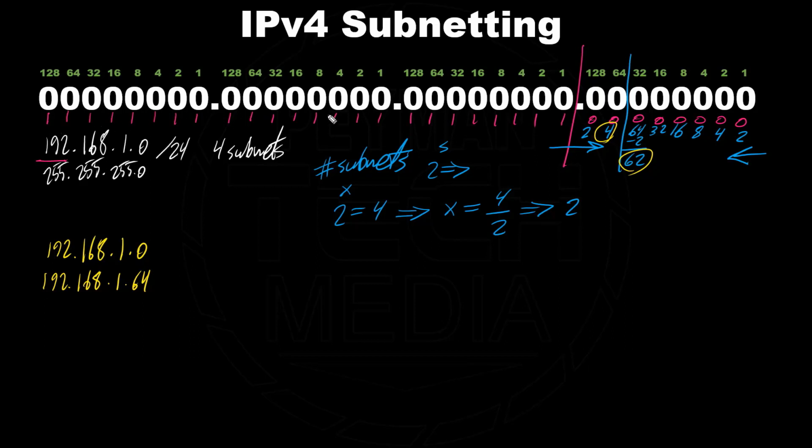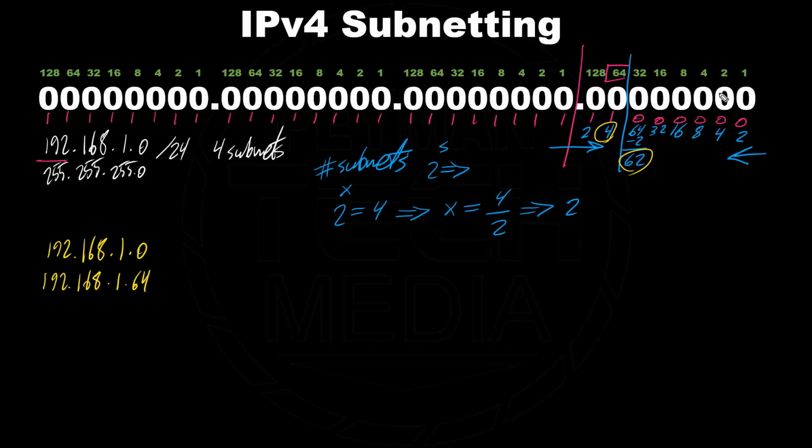We borrowed how many bits? 2 bits, right? So let's erase this 2 and let's turn on these 2. The last bit we borrowed, the decimal value is 64. This is our network increment or block ID. So 1.0, 1.64 on the last octet, because the cut line is on the last octet.